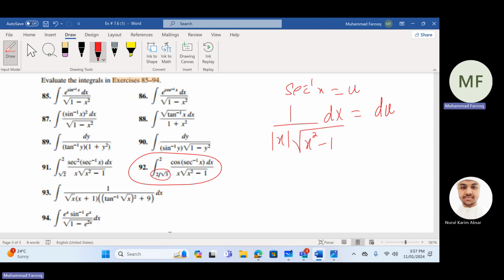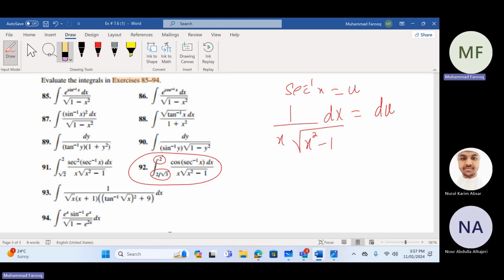Tell me, from here to here, what is the x value behavior? Positive. So this absolute value can be removed with a positive sign. Now you can see you have this stuff dx in your question.